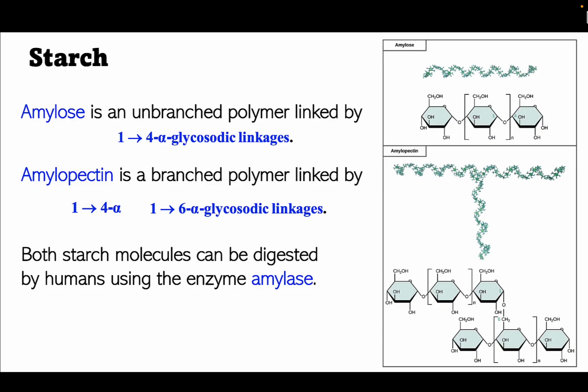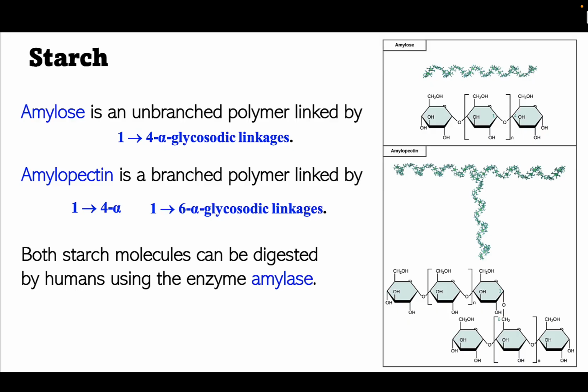And if we look at this, it looks so similar to cellulose. But instead, we have 1,4 alpha glycosidic linkages in amylose, where it's just a long straight chain. We've looked at this already, and it makes kind of a coiled structure. Or amylopectin uses 1,4 glycosidic linkages, but also 1,6, where it's connecting with a different carbon, the 6th carbon, and that ends up giving us the ability to make some branches.